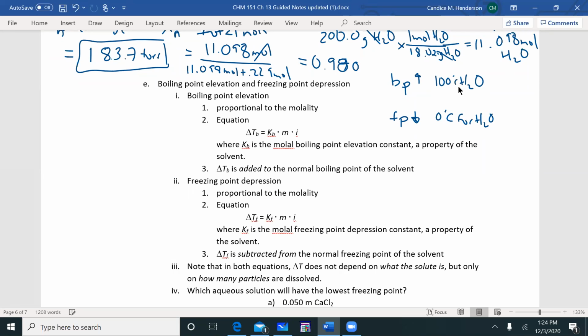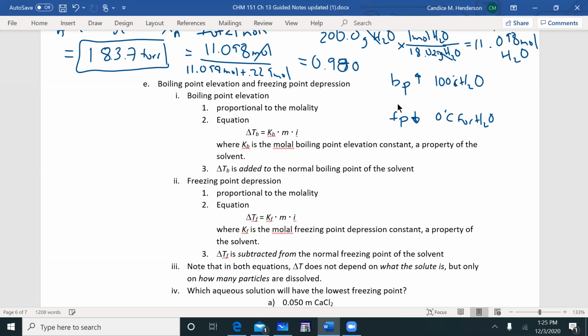Let me put a little C there. Traditionally, and most of the time, we're going to be talking about solutions in water, not dissolved in other things. So 100 degrees Celsius is when water boils, 0 degrees Celsius is when water freezes. But if I start packing ions or particles in there, the boiling point's going to increase and the freezing point's going to decrease.